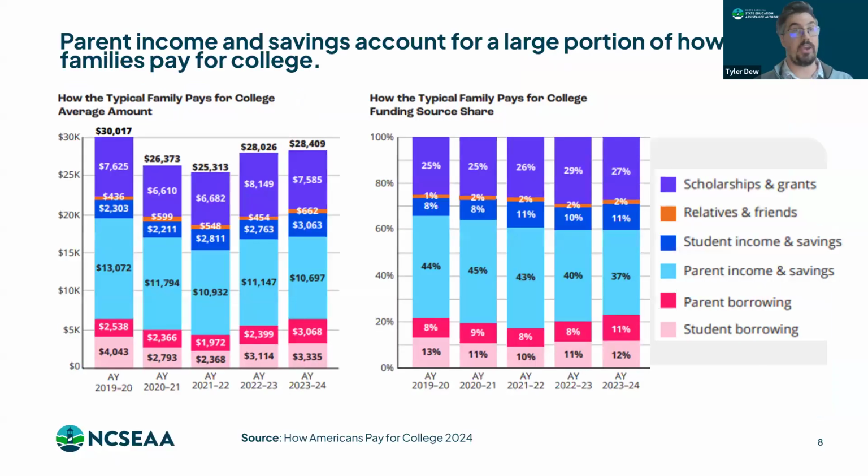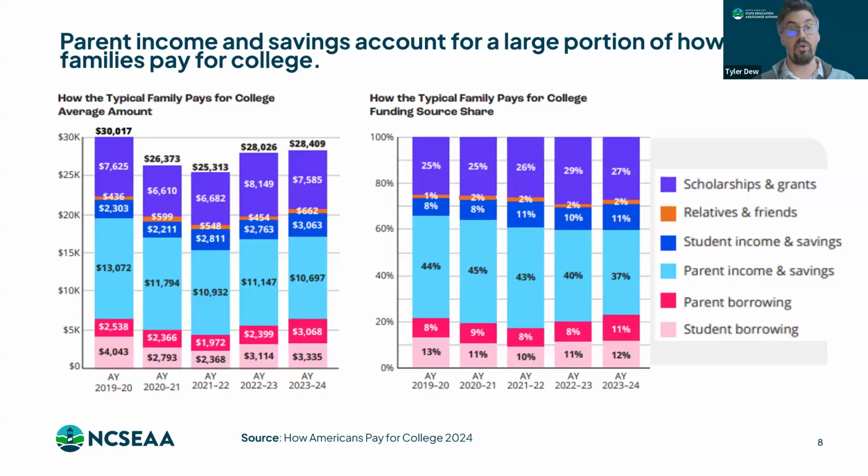As you can see, parent income and savings account for a large portion of how some families pay for college. If you look at these two graphs, and you look at the graph on the right that shows the percentages of the source that families pay for college, the biggest one, 37%, is parent income. When you look at the graph on the left, you'll see the average of what costs of college might be like.